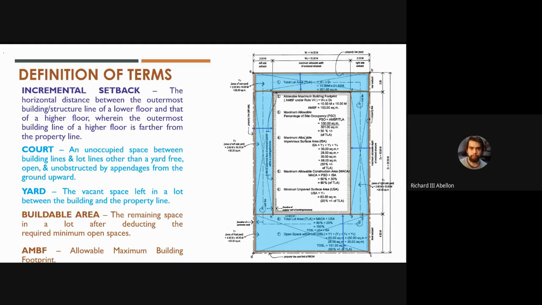Hindi ka pwedeng lumampas, dito lang sa loob. Pwede bang konti lang lumagpas dito? Hindi pwede. Kailangan nandito ka lang sa loob. Okay? So, yun yung ibig sabihin ng buildable area with reference to the setbacks.